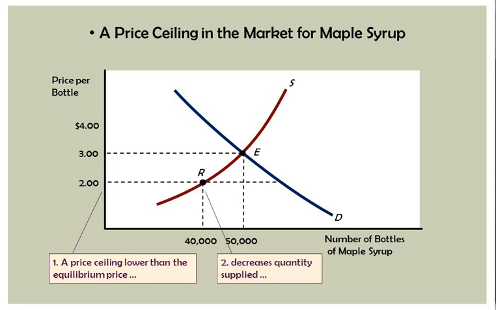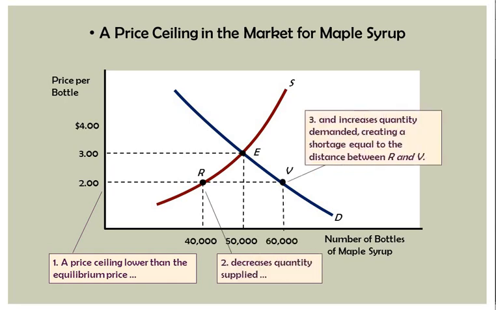Okay, so, ano pong nangyari, kapag po nagkaroon tayo ng price ceiling? So, again, we have the maple syrup, yung ating example pa rin kanina. Okay, so, in our graph, nakikita po natin, a price ceiling lower than the equilibrium price.